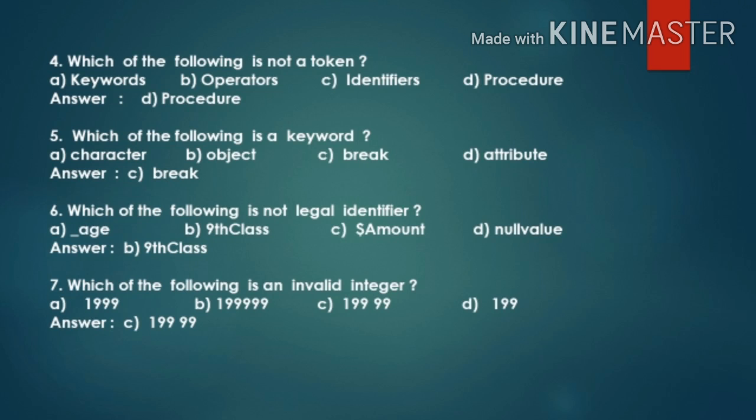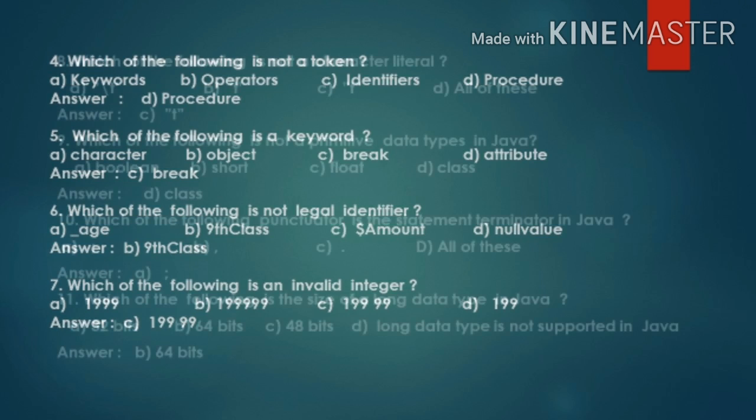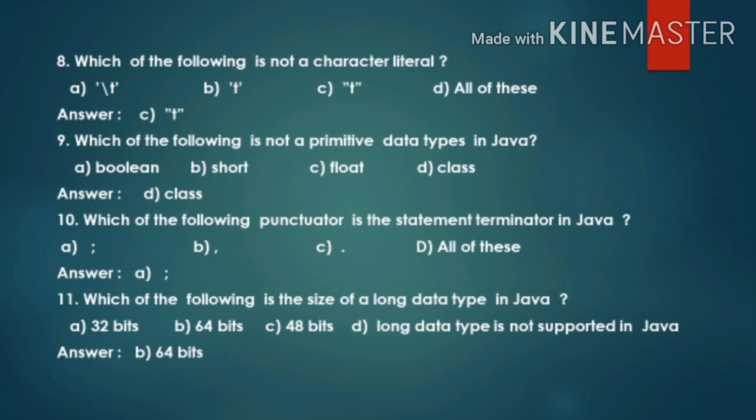C. 199 gap 99. D. 199. So the correct option is option C. 199 gap 99. The next slide contains the next part of questions and answers.